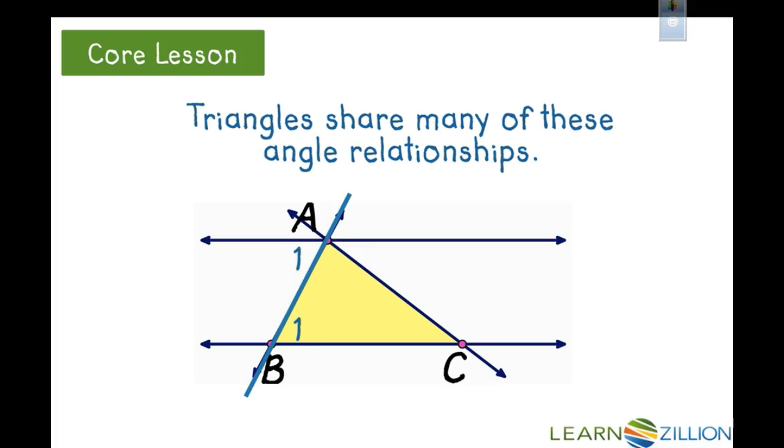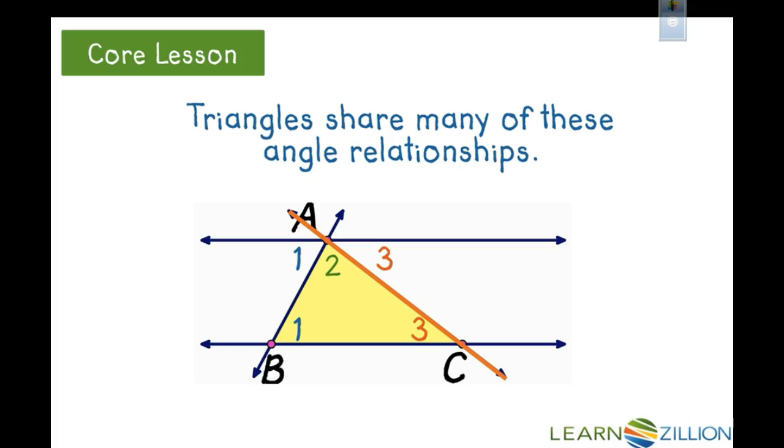We know that they're congruent, so we can label them both angle 1. We'll label this angle angle 2 just so it isn't left out. The other transversal, AC, also created a set of alternate interior angles, and we know they are congruent to each other as well. We'll label them both with a 3.